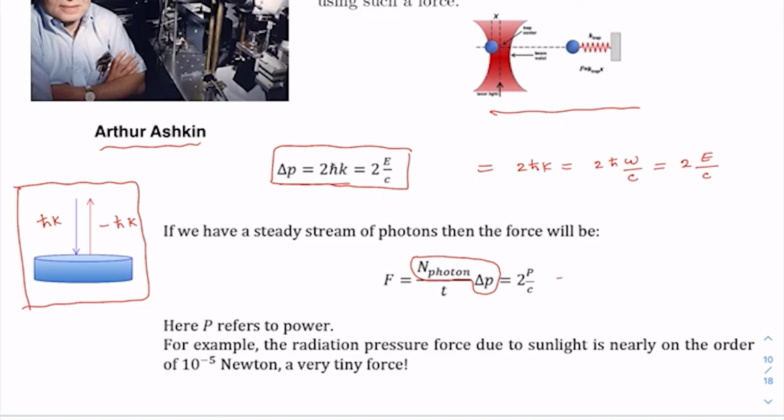Okay, this is going to give us the force. In fact, I can also write this total energy, curly E, as E times n photons, and then we have twice E divided by c, and time is also there, and energy per unit time is nothing but power.